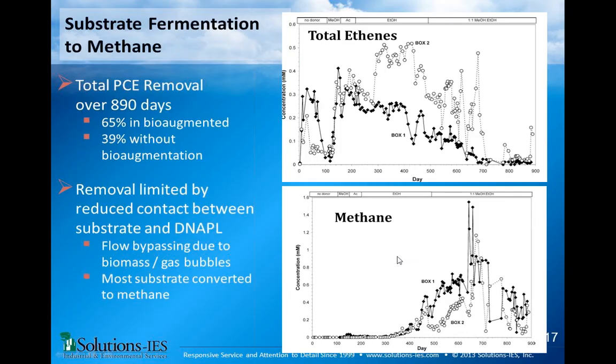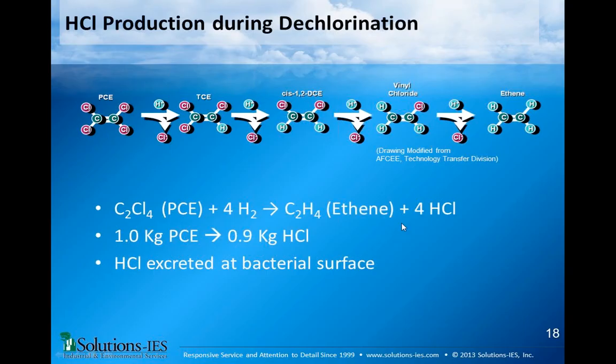remember, you're pumping ethanol and methanol in the inlet. The PCE's over here. What they could see is they started to produce a lot of methane in this region, up gradient of the DNAPL. And essentially what was happening is they were wasting their substrate. It was all fermenting to methane before you even got to the contaminant.